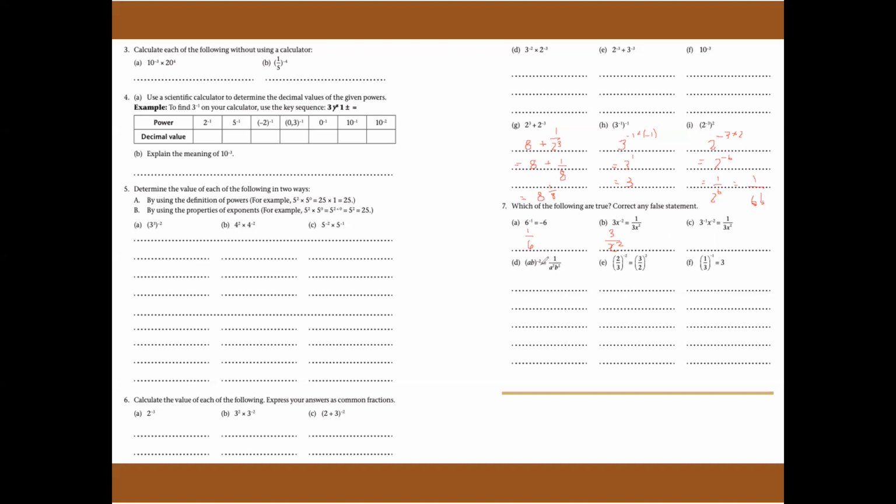This one is correct because this -2 applies to both of them. So it'll be like this. And then you invert both of them to get this final answer. This one, to make it -2. So to make it a positive, yes, it is correct.